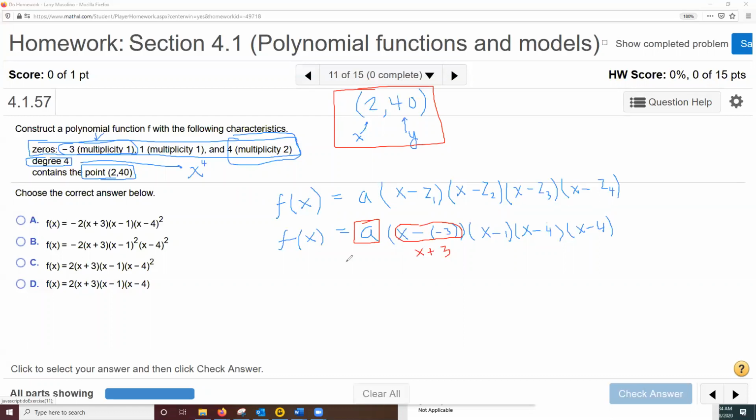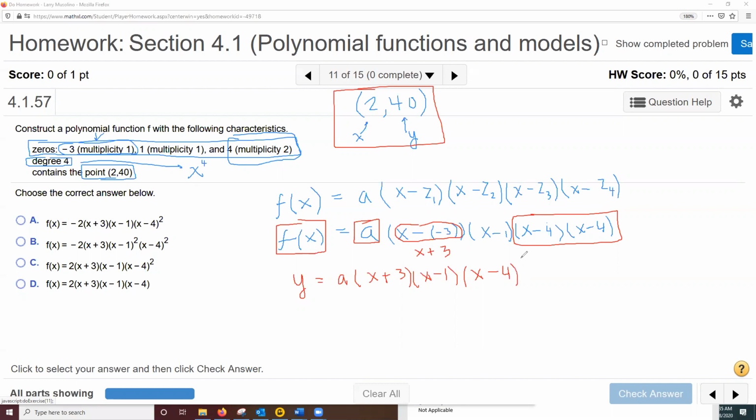Here's the way I'm going to do it. Instead of f of x, I'm going to think of this as the y variable. Remember, f of x and y are interchangeable. So then I'm going to have y equals a, x plus 3, x minus 1, and then usually I'll write this x minus 4 times itself twice using the exponent 2.